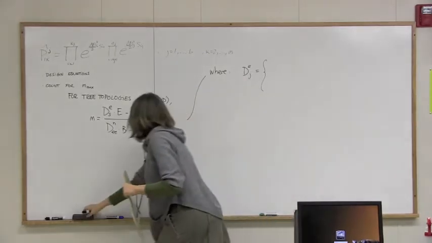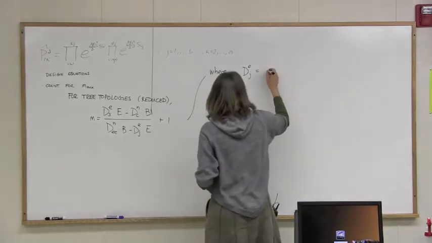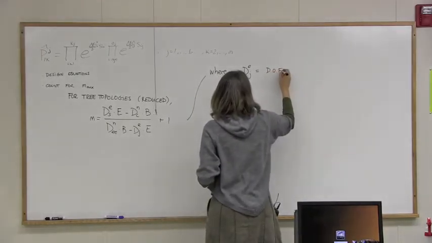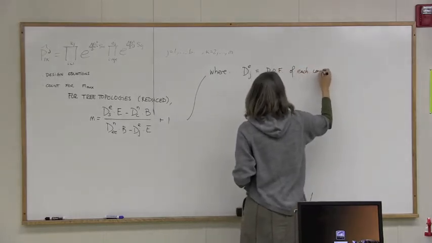Let me just put this: d_E equal to degrees of freedom of each compacted edge.